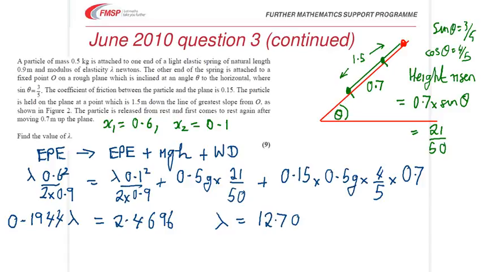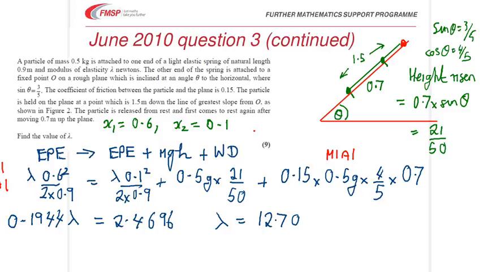As far as marks are concerned for this question, there's a total of 9 marks. There's an M1 A1 for resolving and getting the mg cos theta term, and an M1 A1 for the lambda x squared over 2L, getting those two terms right.